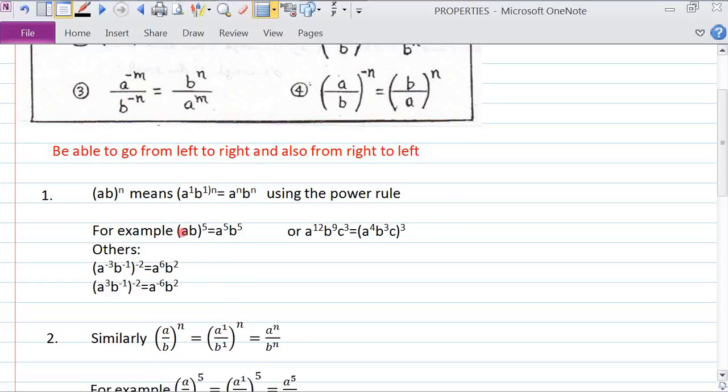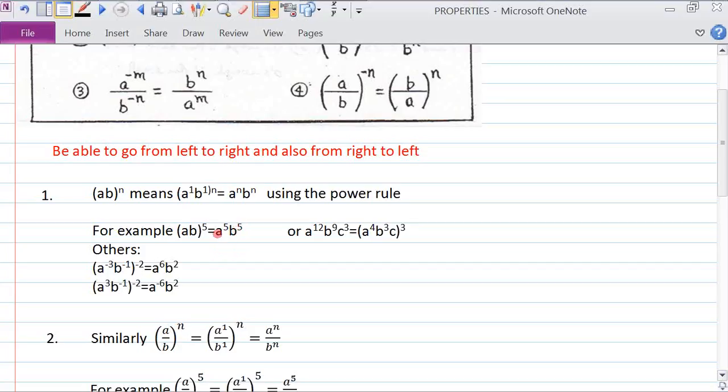For example, here I have ab to the 5th power. There's an implied 1 above the a. There's an implied 1 power above the b. So I'm going to raise 1 times 5 gives me a to the 5th. b is b to the 1. 1 times 5 is this.